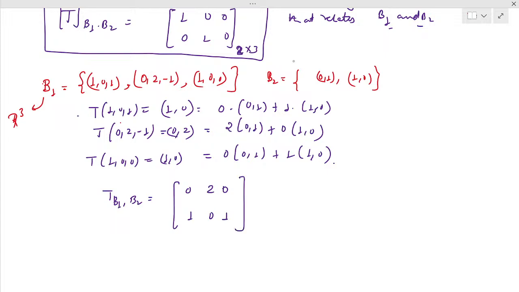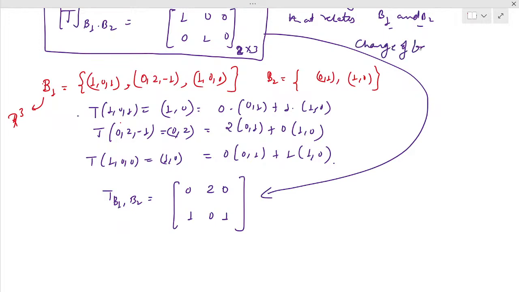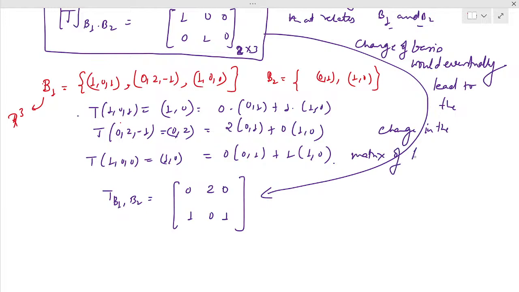So clearly you can see that a change of basis would eventually lead to a change in the matrix of the linear transformation. It will change the matrix of the linear transformation as well.